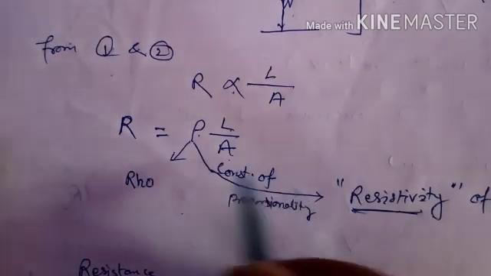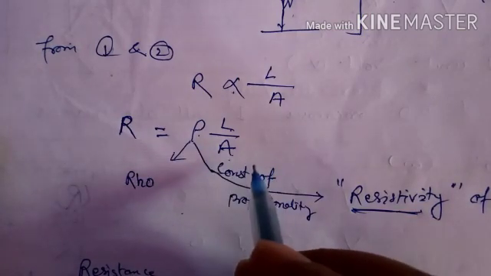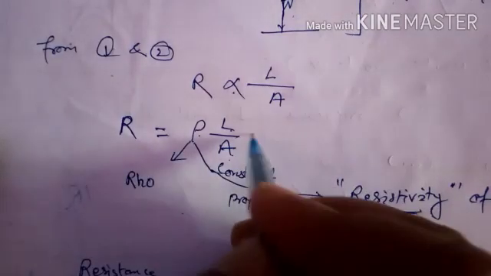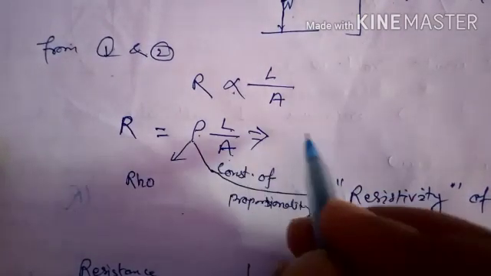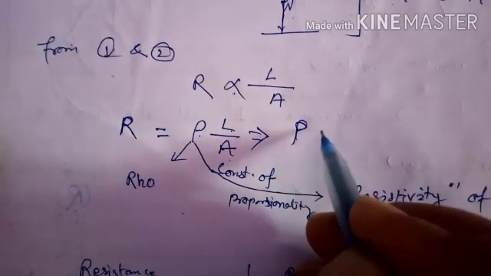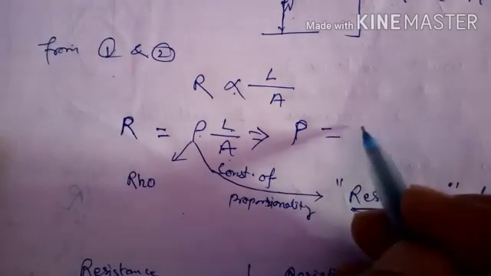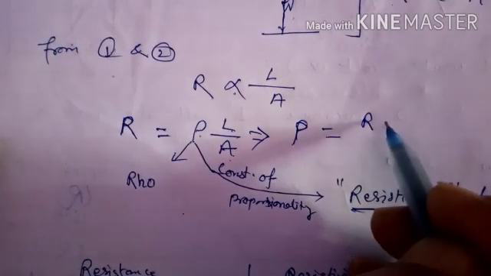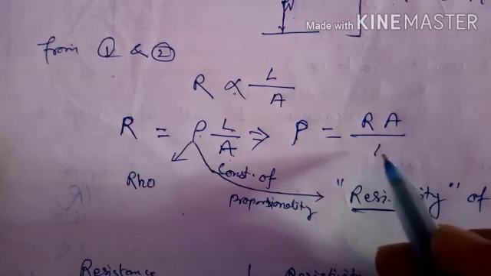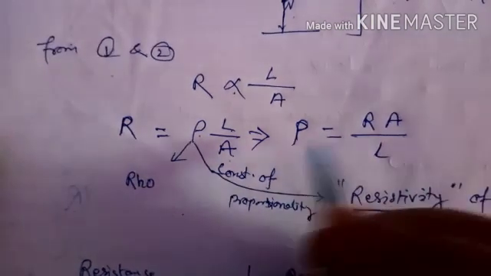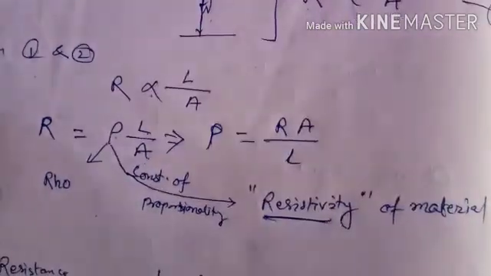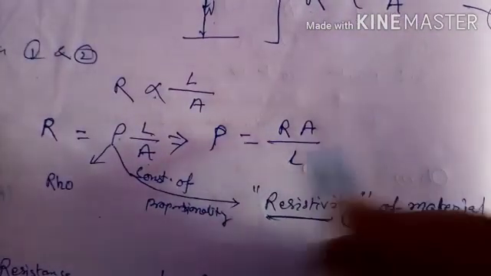And for resistivity, if we write this equation this way, we can write rho is equal to R into A by L, and from this formula we can derive its SI unit.